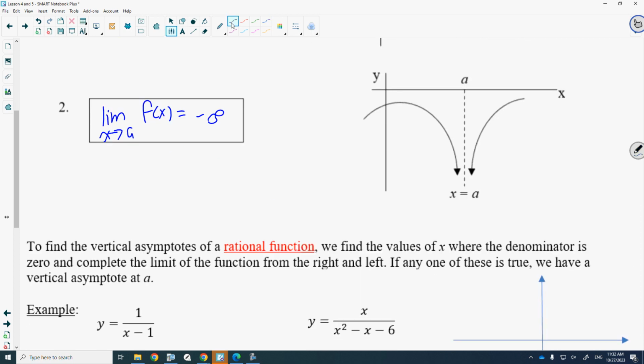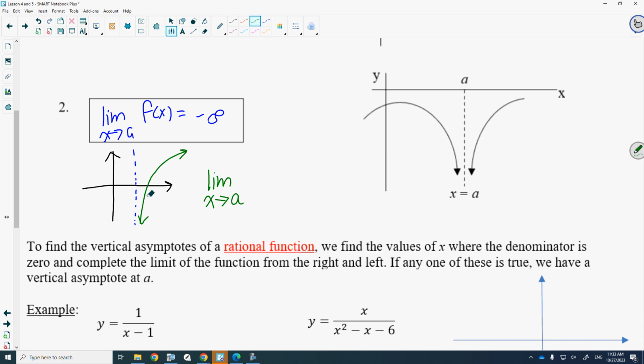Now, we could also have one-sided limits. So for example, I could give you a VA right here, and we'll call that a. And my graph could look like this. This would be what's called a one-sided limit. I would have to write this as the limit as x approaches a from what side?